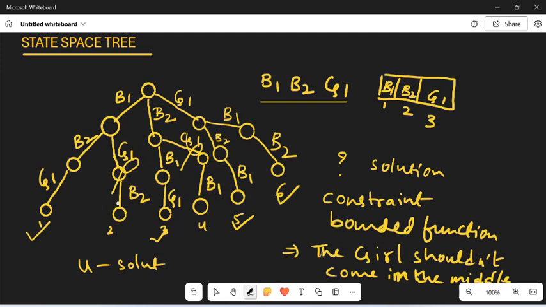Further, there is no need to add another possibility or component, right? This is an example of backtracking. I hope you understood this one. In the next video we shall see some complex applications where we will apply the concept of backtracking.